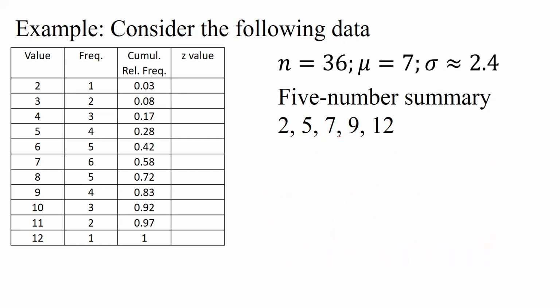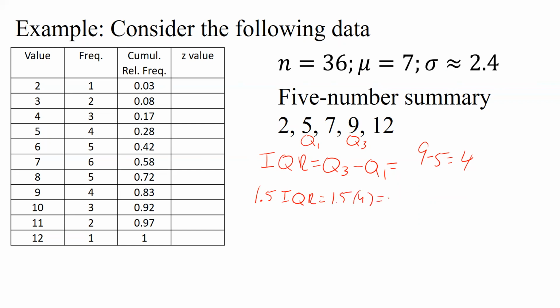So let's continue on. The second thing I can check is outliers. First thing I need to do is find the interquartile range. And remember, that was Q3 minus Q1. So 9 minus 5 is 4. Then I take 1.5 times the interquartile range. So 1.5 times 4 is 6.